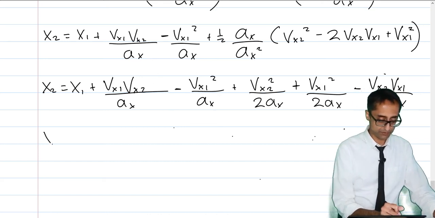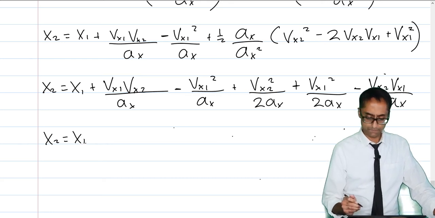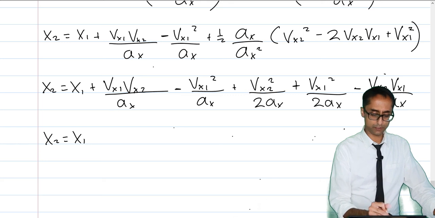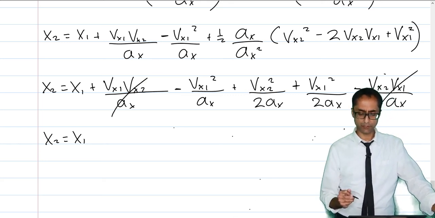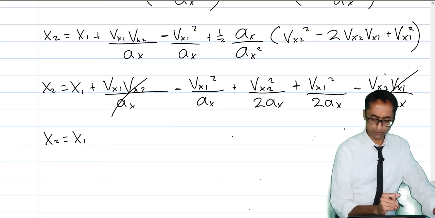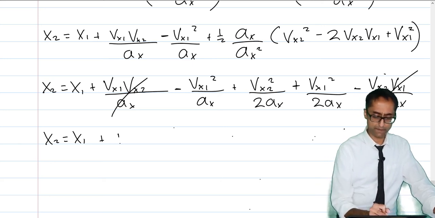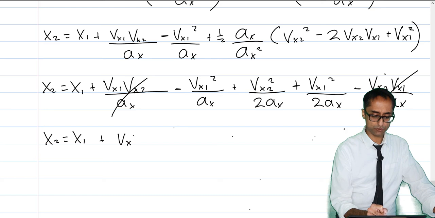All right, so we still have x2 equals x1. The Vx2 term is canceling with that one. And so now let's logically put this together. We still have our Vx2 squared divided by 2ax.